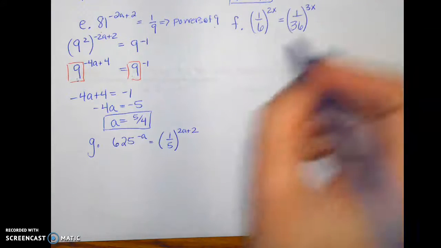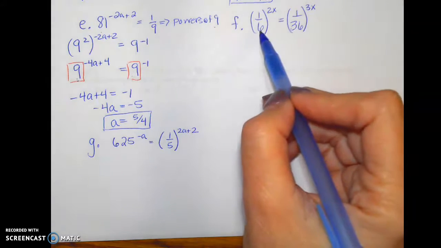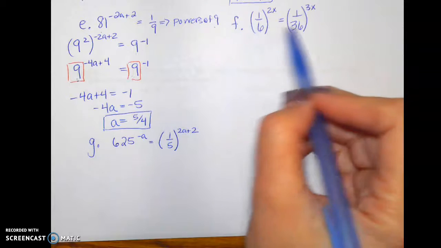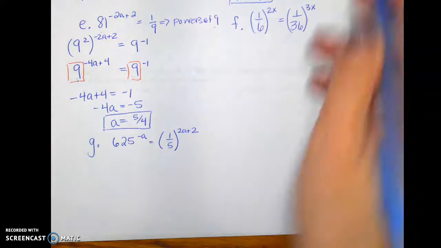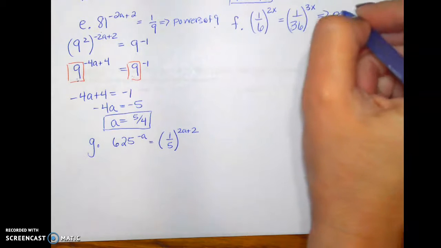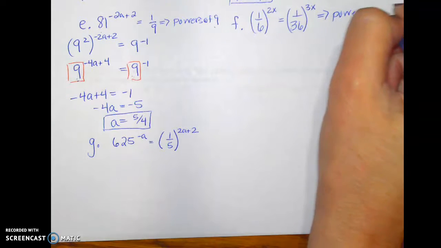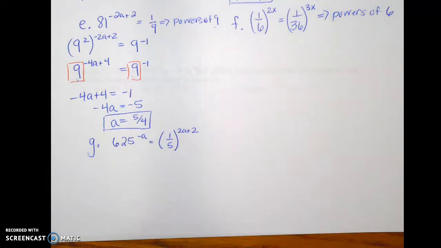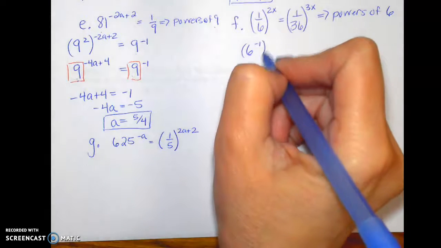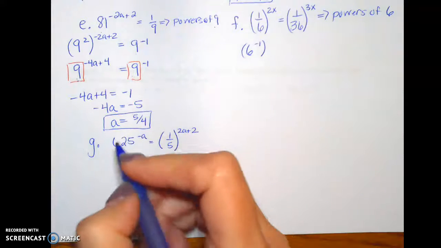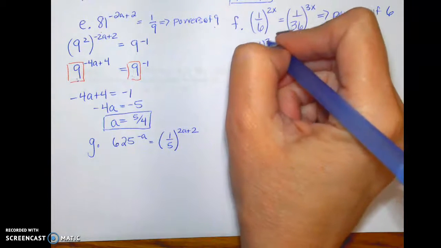So for this next one, you know that 6 and 36 are both powers of 6. That means that 1/6 and 1/36 are also powers of 6. We just have to think about them in a little bit of a different way. So 1/6 is really 6 to the minus 1 power. That puts the 6 in the bottom. And we still have 2x as an exponent.